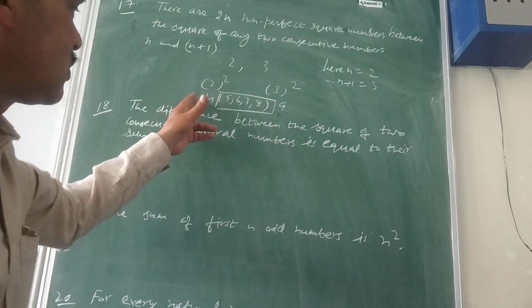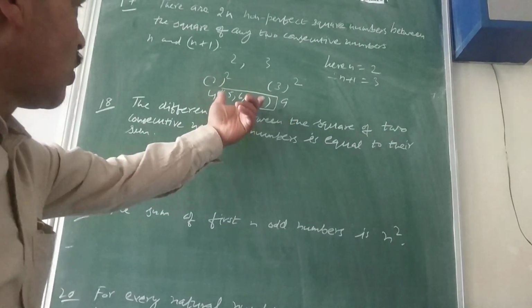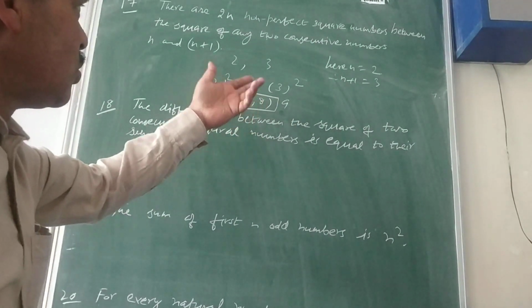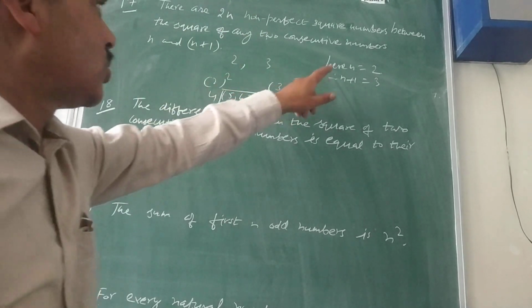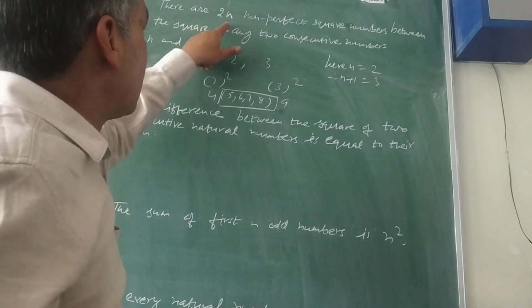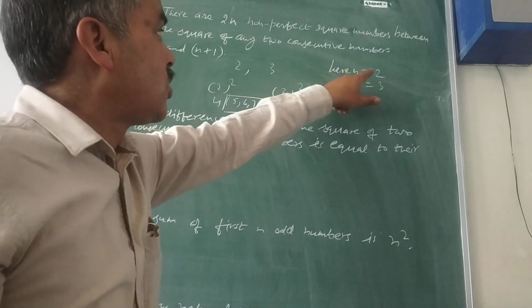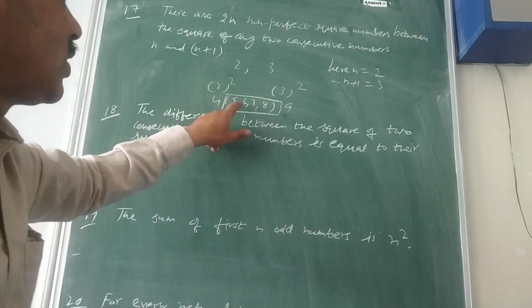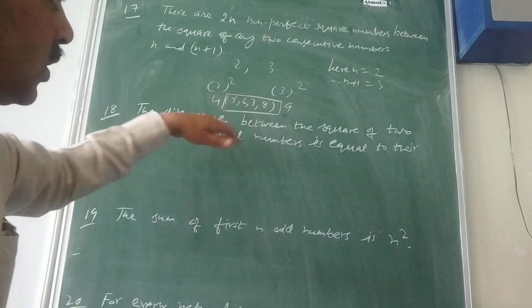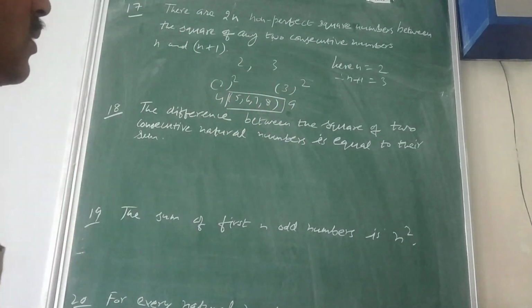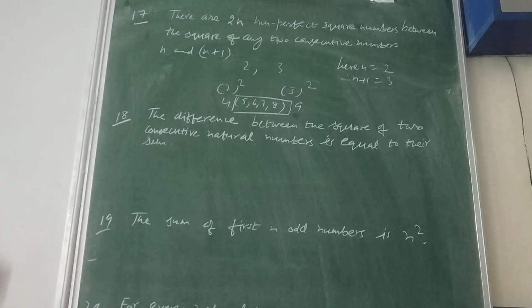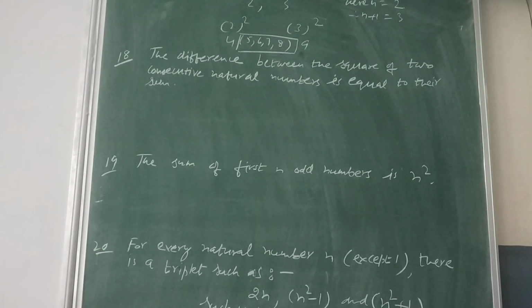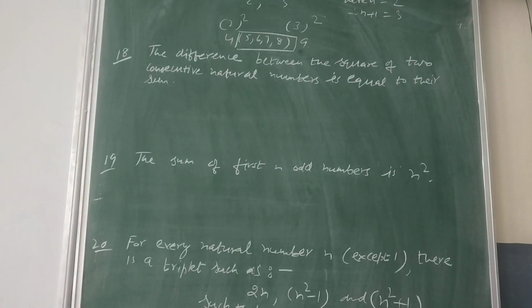So between these two, the number of non-perfect squares will be 2 into n. Here n is equal to 2, so 2 into 2 is equal to 4. So how many are there? 1, 2, 3, 4. So 4 non-perfect square numbers lie between the 2 perfect squares of 2 consecutive numbers.